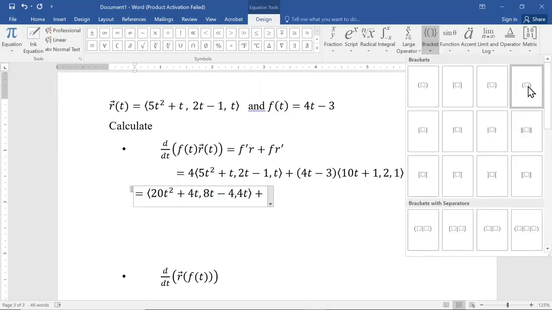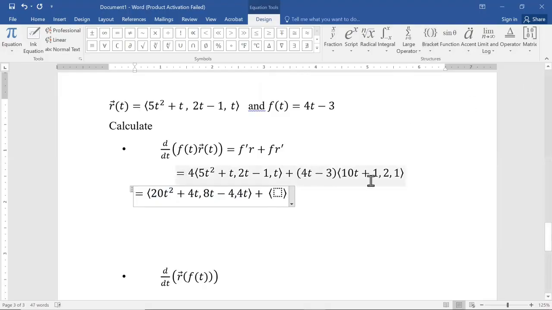In the next part, we have to be a little bit careful because we're taking the 4t minus 3 and we're taking that entire polynomial times the 10t plus 1. So that's going to give you 40t squared plus 4t minus 30t minus 3 when that's all multiplied out.